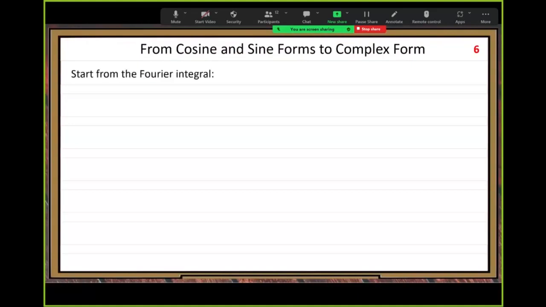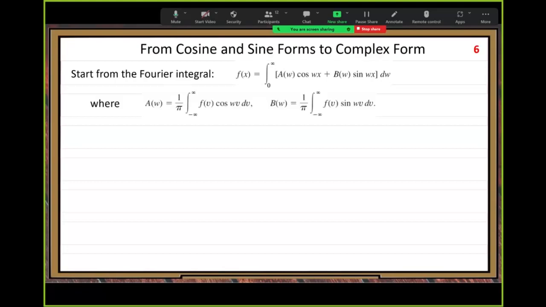From the Fourier cosine and sine forms to the complex form. Start from the Fourier integral. This version, the Fourier integral, I'm writing here. Remember, for this f function, we do not require an even function. We do not require an odd function. It's the general function. So here we get back to the general function, because when we define Fourier integrals, we need to work on the general function, not even, not odd.